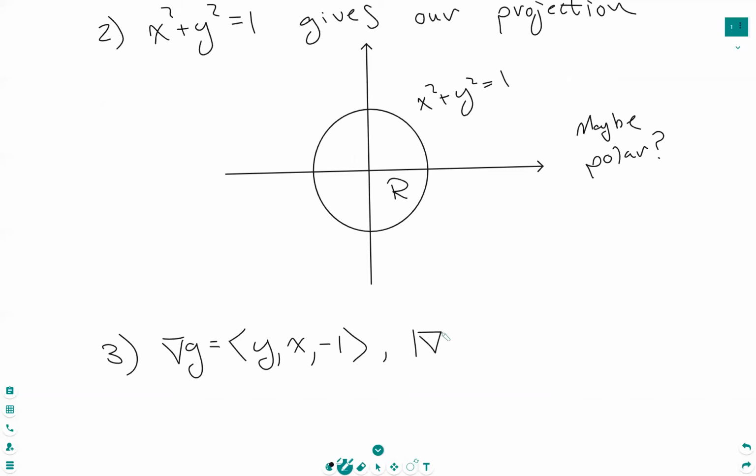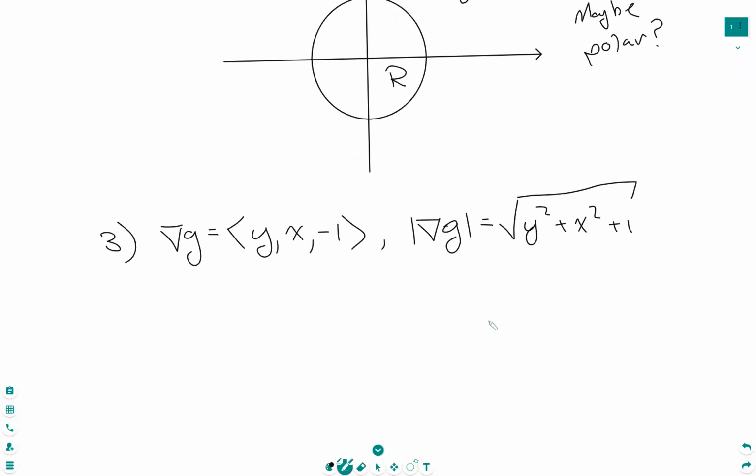So the magnitude of the gradient of g is the square root of y squared plus x squared plus 1. If I wanted to use polar coordinates, maybe I would go ahead and convert that now. This is equal to the square root of r squared plus 1. Just in case we want to use it. Let's see what it looks like in polar coordinates.